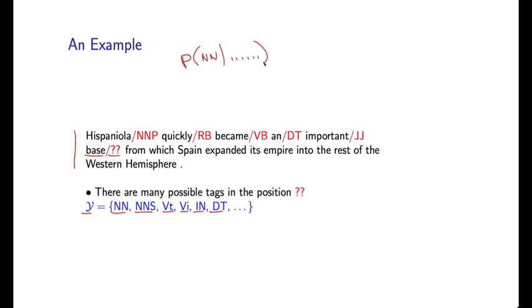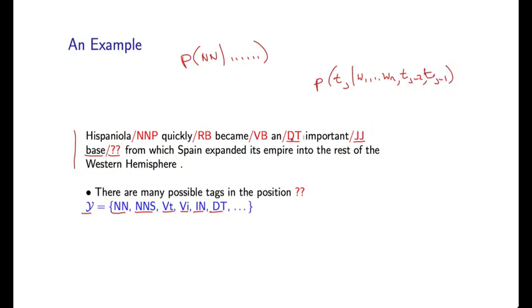context. So what is the context? The context is going to be the previous two tags, in this case determiner and adjective, and potentially any features of the sentence. So remember, we have P of Tj given W1 through Wn, the sentence, and then Tj minus 2, Tj minus 1.